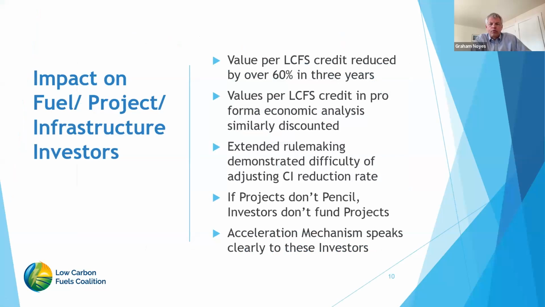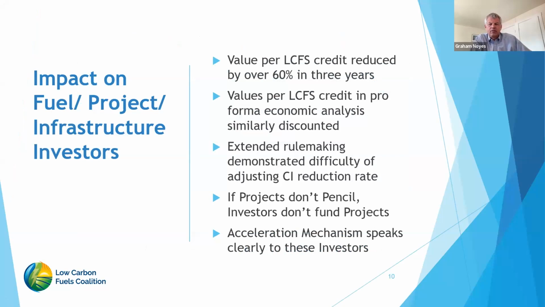And so, overall, we saw the credit price reduced by over 60% in 3 years on a per credit basis. So the pro formas, where the analysis is done looking at projects and investments, would be similarly discounted. Of course, that's up to individual investors, but a downward trend can be very challenging in that space.